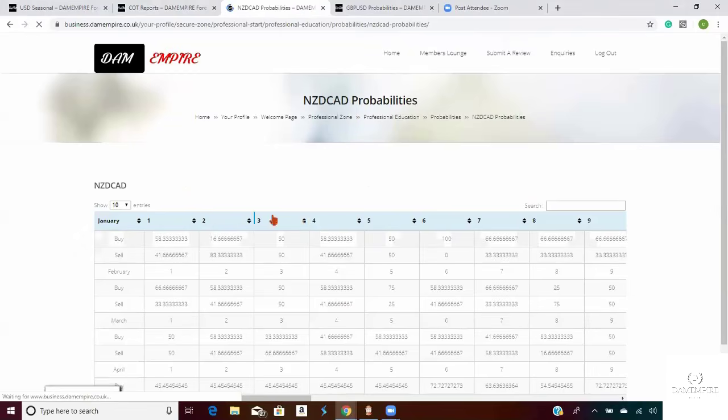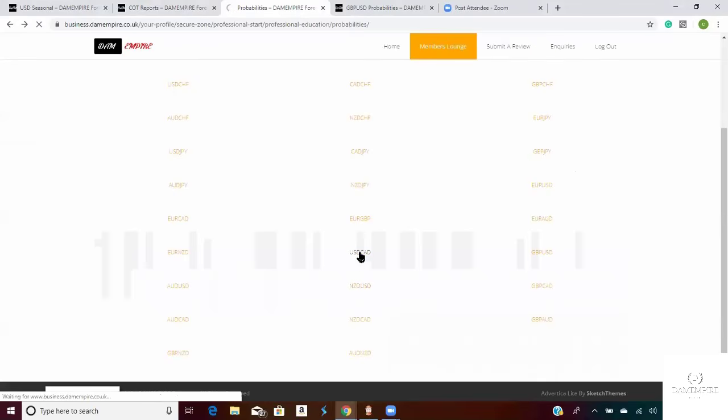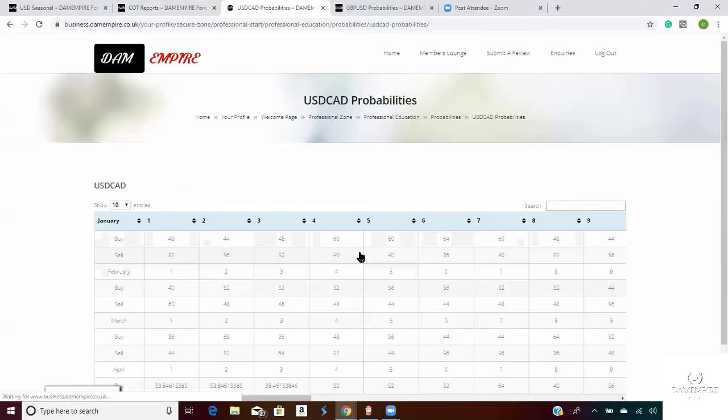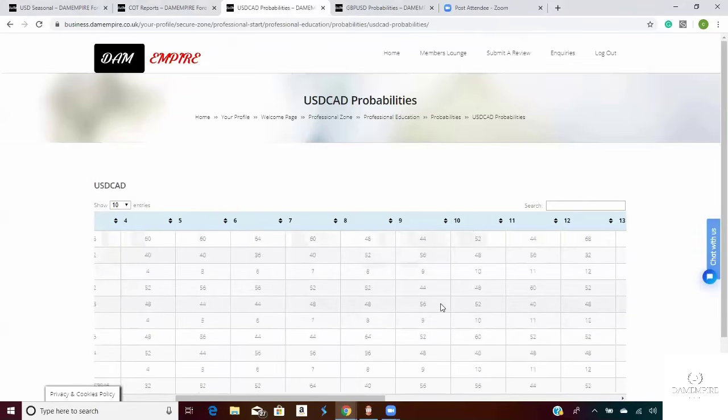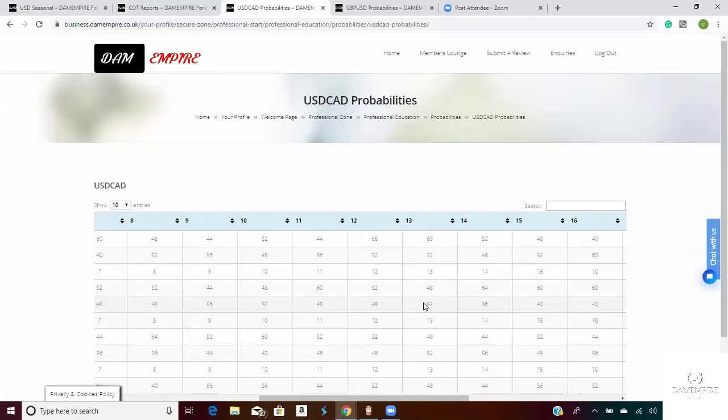Let's see. So USDCAD. So buy. Again, it's another 4 days, 60, 52, 48, 64, and then a 60.